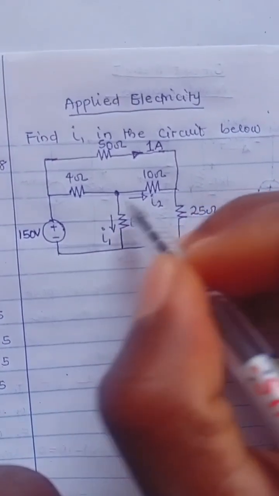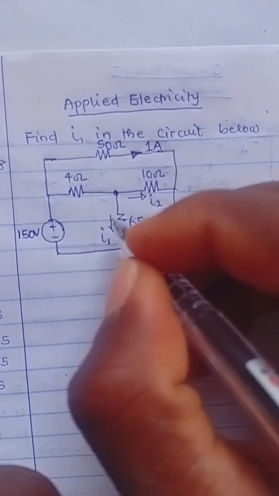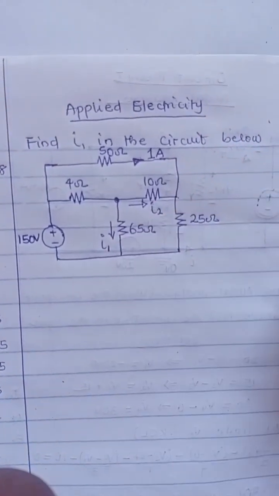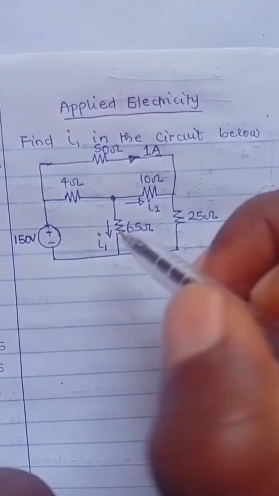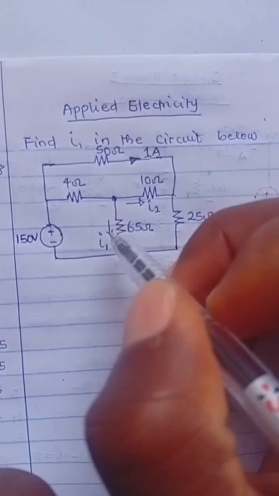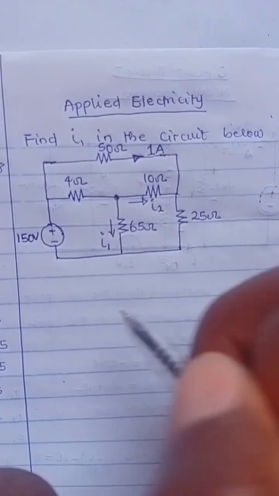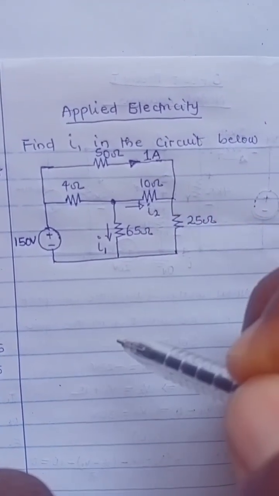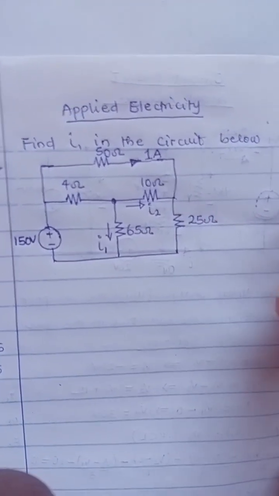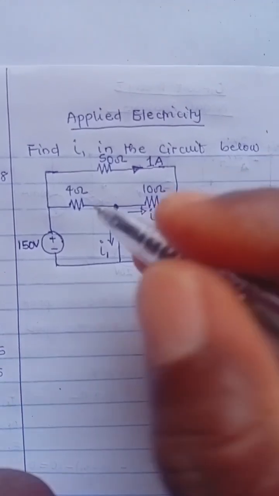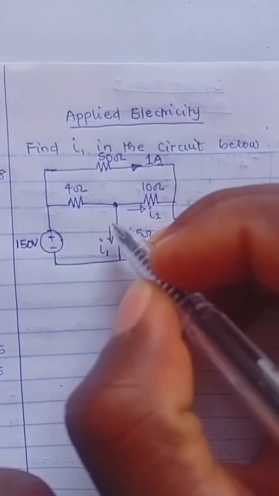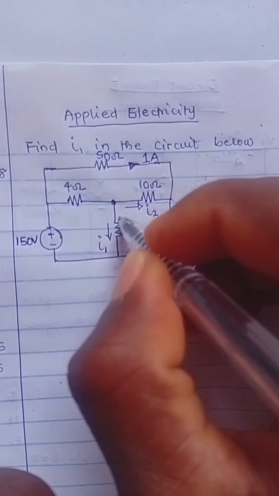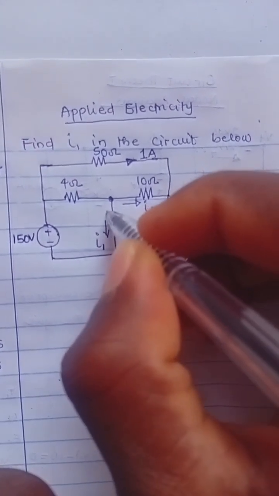So that's a current entering this resistor, I2, and I'll be labeling polarities on my resistors along with my current directions. Whenever there's a current flowing through any resistor, I'll give it a polarity. The rule for labeling polarity is such that current enters a resistor at the positive side. So this is where the current enters, this is where it leaves.